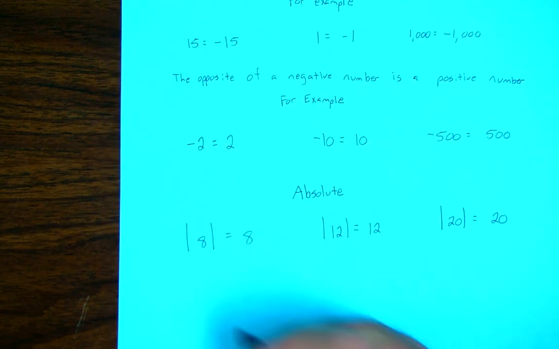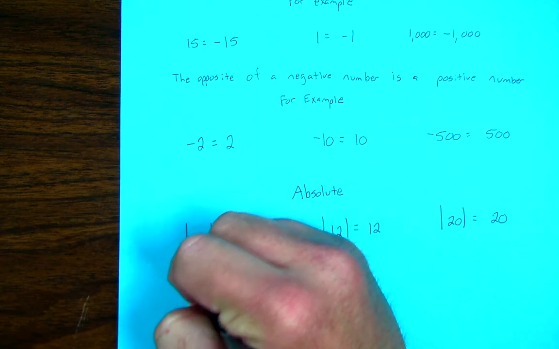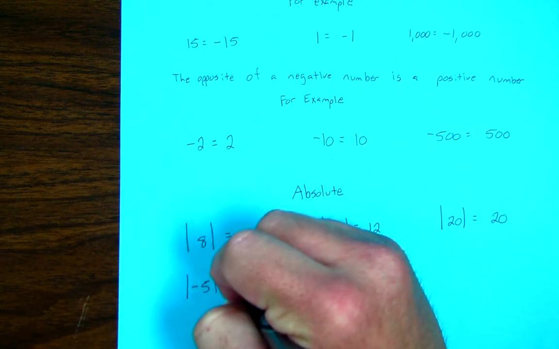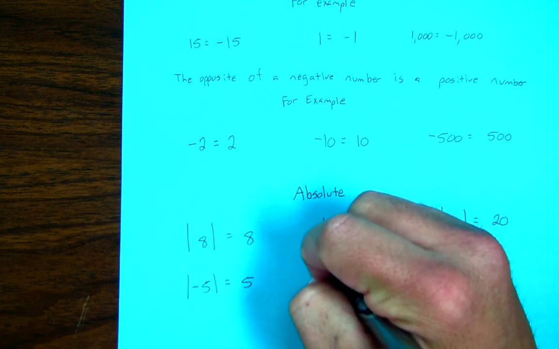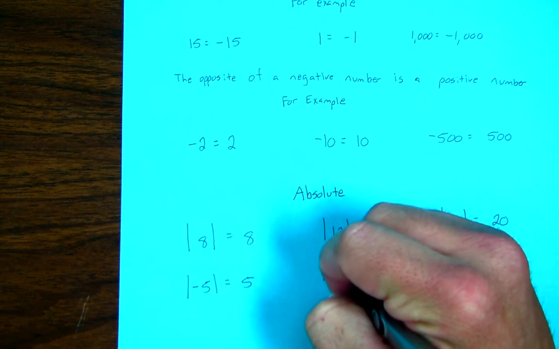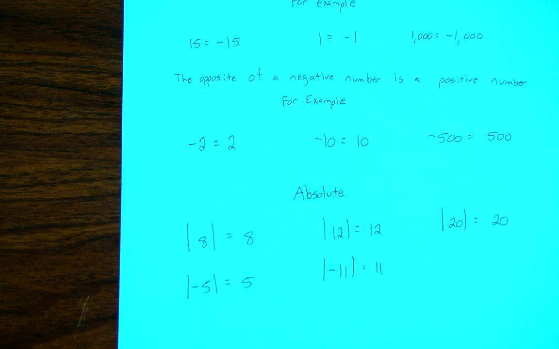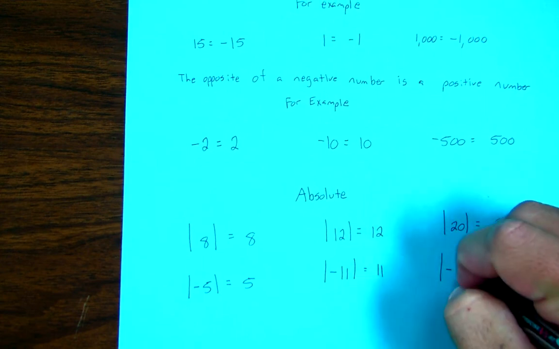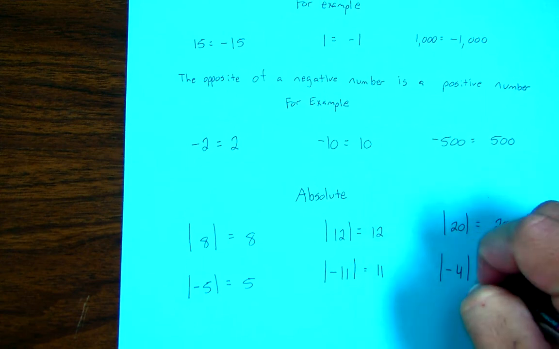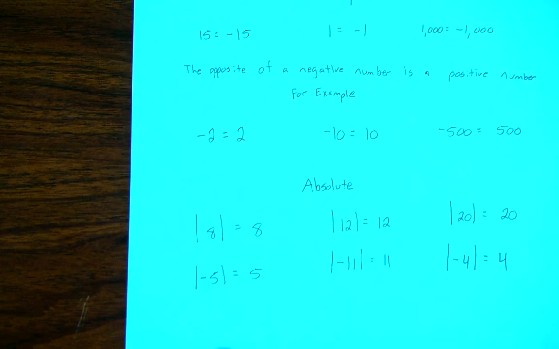Now, what happens if you have the absolute value of negative 5? Well, it's just 5. The absolute value of negative 11 is just 11. The absolute value of negative 4 is just 4.